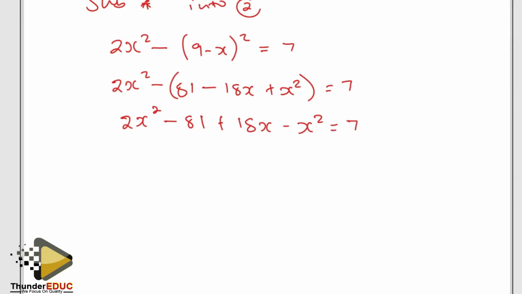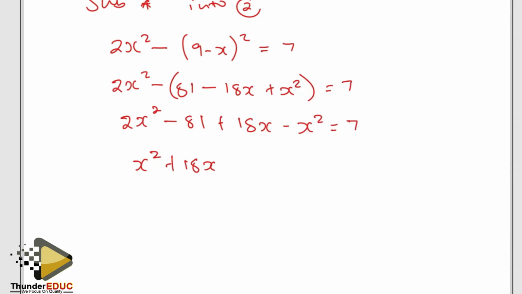I simplify this with the like terms. That is x squared plus 18x. When I bring this one that side, what am I going to end up with? Okay, so that is 18x.